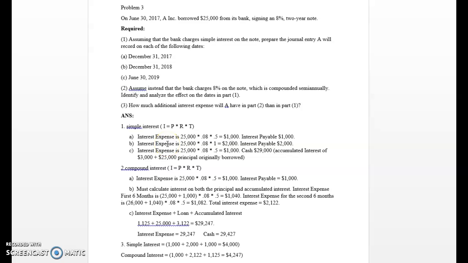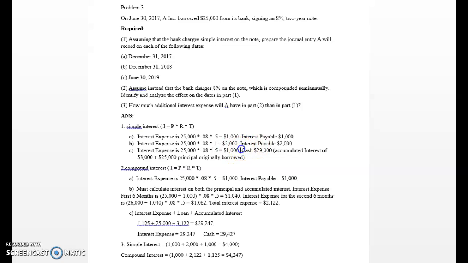On Part C, June 30th, 2019, same formula. Interest expense is $25,000, which is the money we borrowed from the bank, times the 8% interest rate, times 0.5, because we're going from December 31st, 2018 to June 30th, 2019. It's only 6 months. And that gives us interest expense of $1,000 for June 30th, 2019.